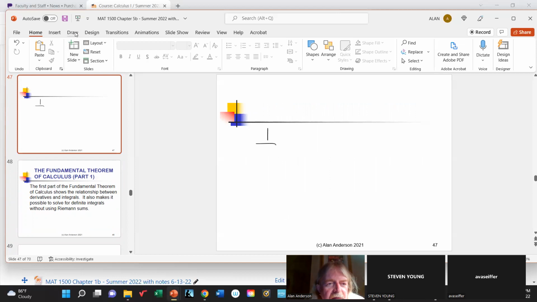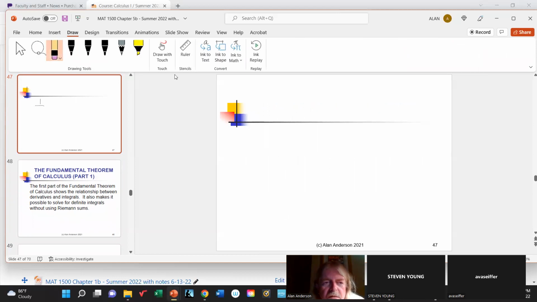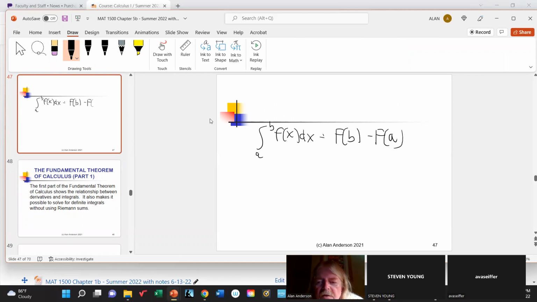When you have something like this, this is a direct consequence of the fundamental theorem of calculus part 2. This is what justifies our ability to do this.